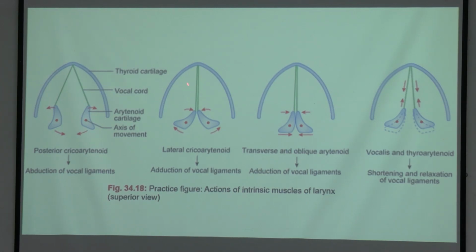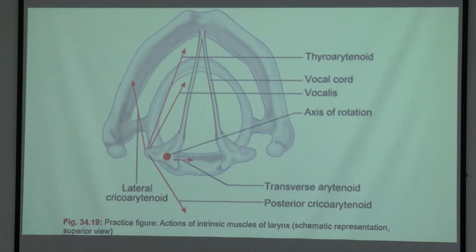This is contributed by the other muscles like the lateral cricoarytenoid, transverse arytenoid and oblique arytenoid, which cause adduction, where the quadrangular part becomes triangular and the apex is directed in front. When both transverse and oblique arytenoids contract, there will be only a chink of area between the vocal folds. So these are the different shapes of the rima glottidis.